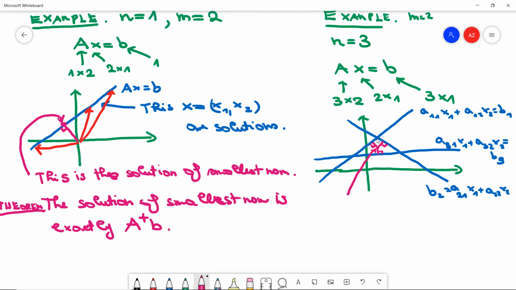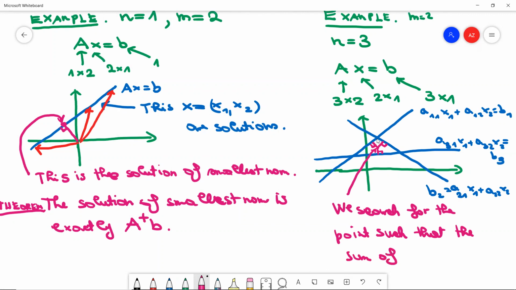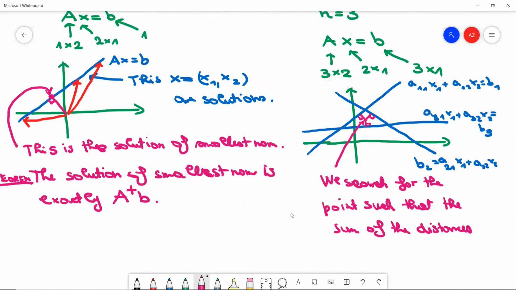So we search for the point such that the sum of the distances is the smallest possible.